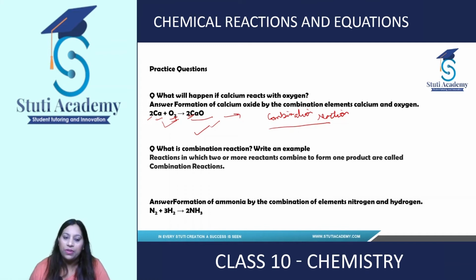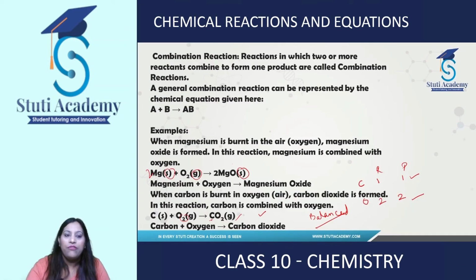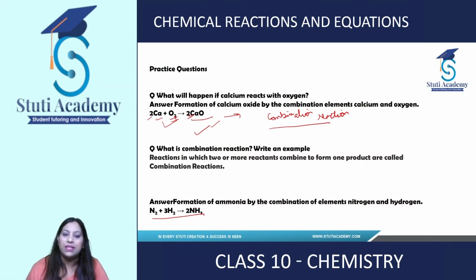An example of such a reaction is this one, or you can write any other examples which I have discussed with you. You can give this example also, this one also, or this one. Many more examples are also there. So you can write any one example of your choice.